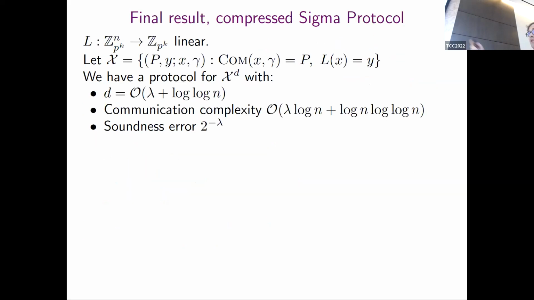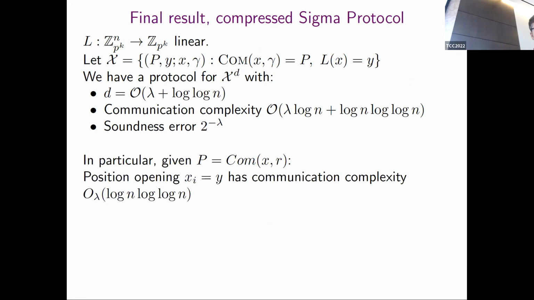In the end, we get a protocol that can prove statements of that form, because of this larger ring that we are taking. We can batch these statements, and we have the complexity that I announced at the beginning.